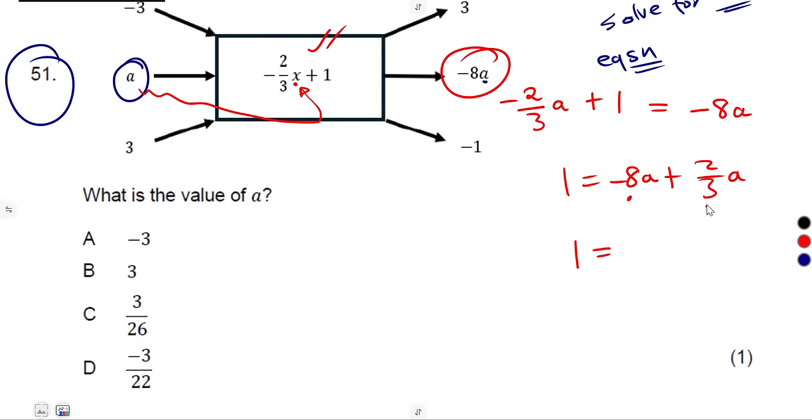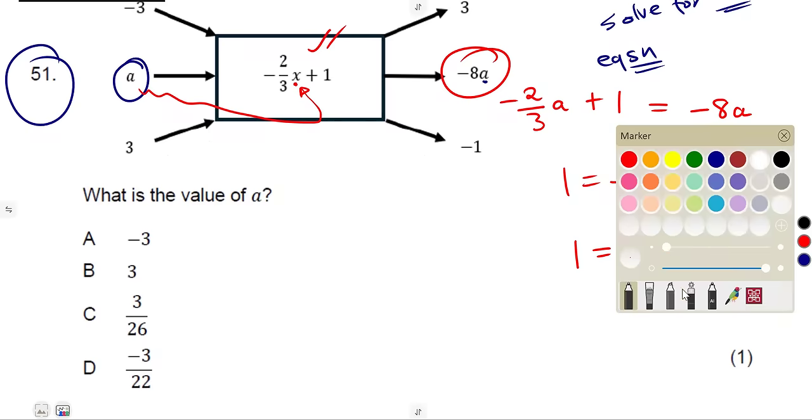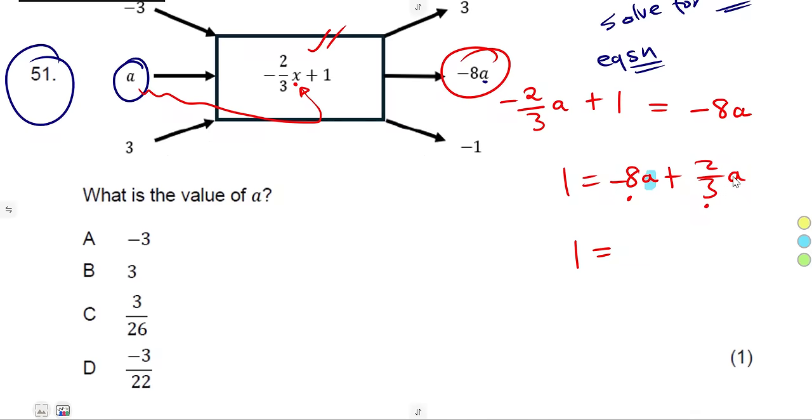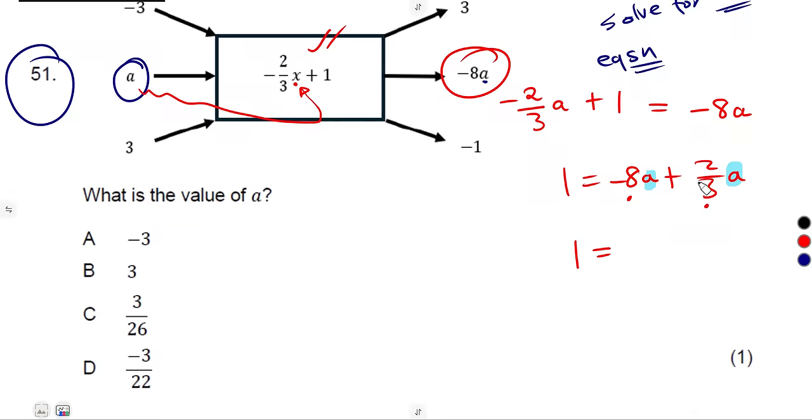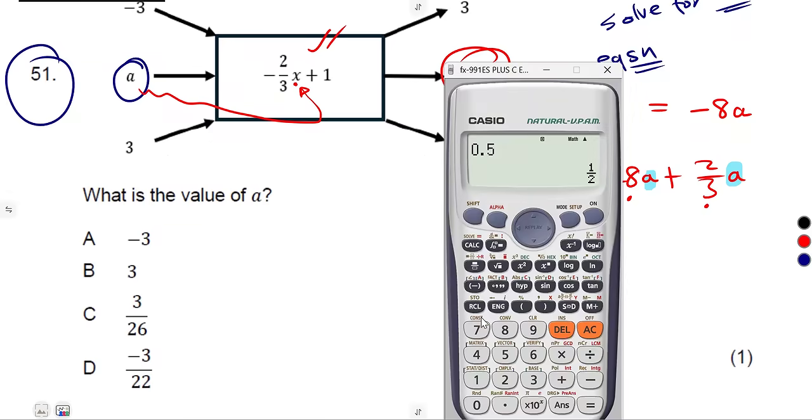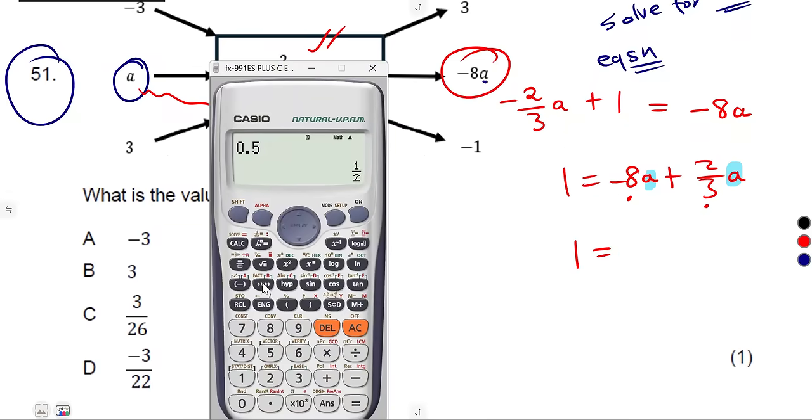Minus 8 plus 2 over 3, as they are like terms. So minus 8 plus 2 over 3. All right? Minus 8 plus 2 over 3. So that was negative 22 over 3.